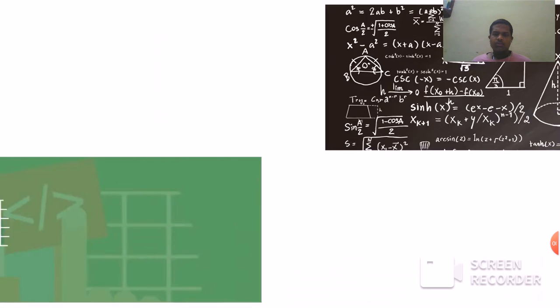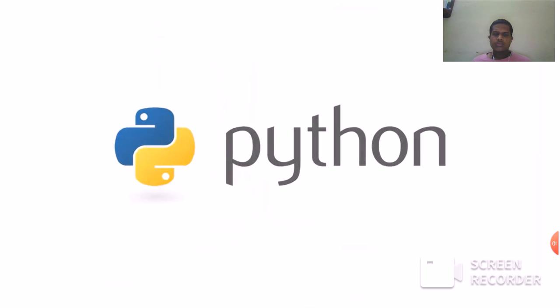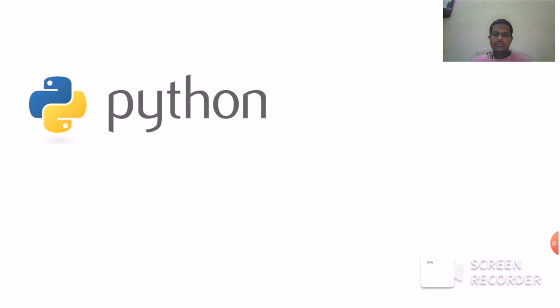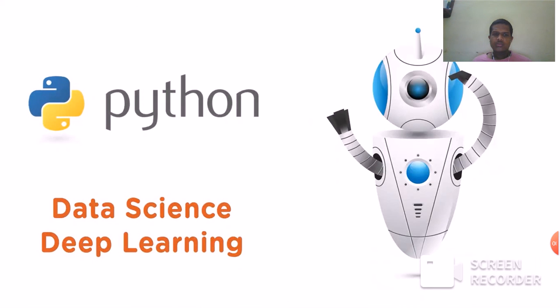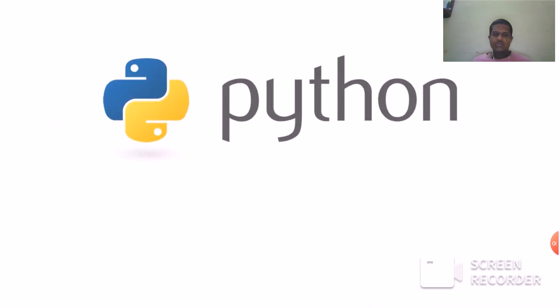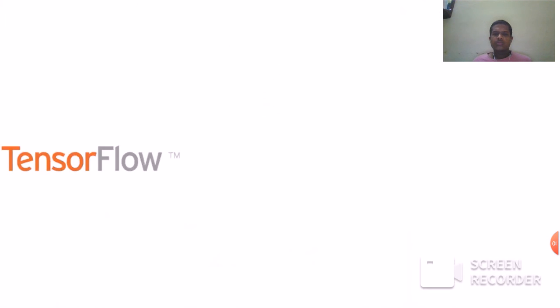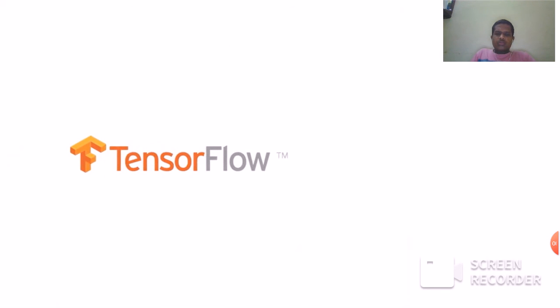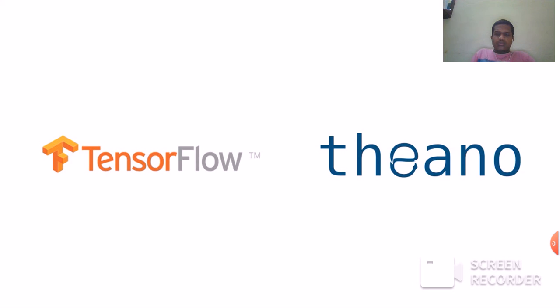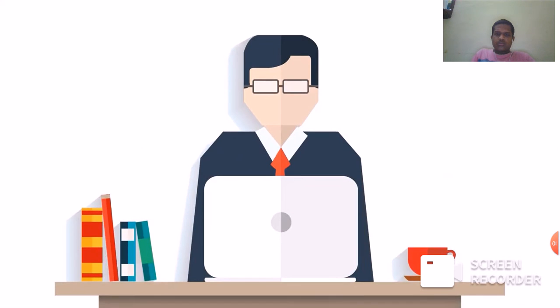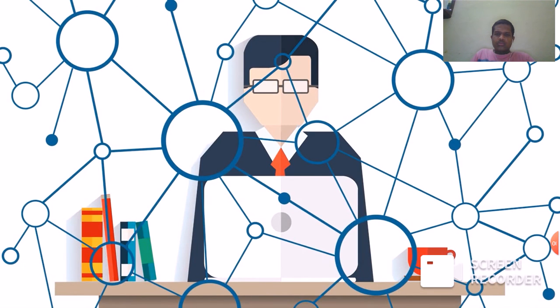You must be curious to see the state of Python libraries in the area of the future of data science, deep learning. Python's development for deep learning libraries like Google's TensorFlow and frameworks like Theano and TF-Learn have enabled data scientists to build artificial neural networks.